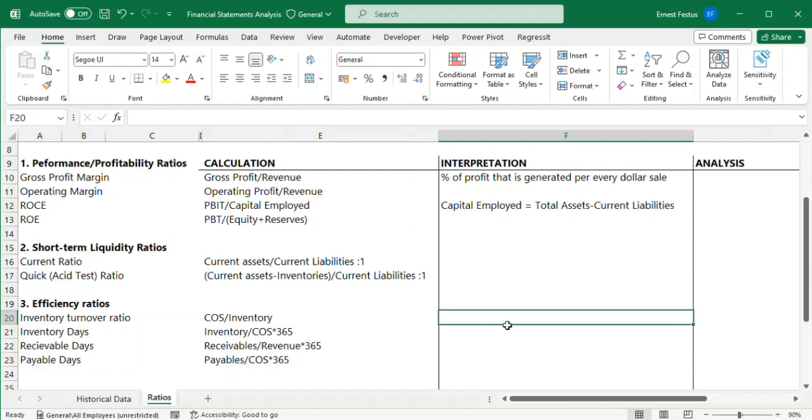To calculate the cost of sales, it is your opening inventory, plus purchases of inventory, less your closing inventory. So inventory is all that forms our cost of sales, and that is why we associate it with our inventory.